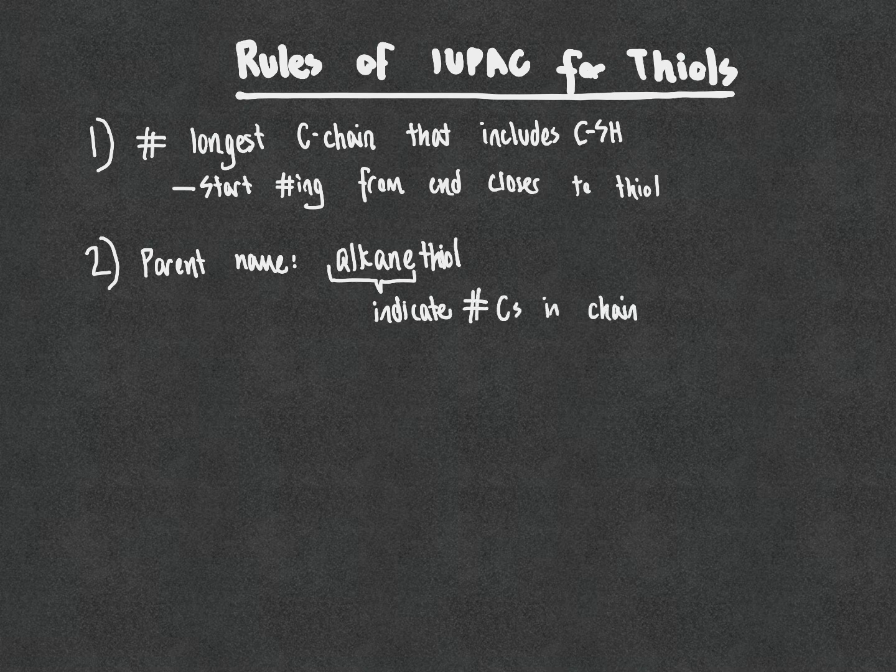And we'll use the same jargon there that we have in previous IUPAC nomenclature: methane, ethane, propane, butane, pentane, hexane, heptane, etc. And when we write down that parent name, we also need to designate the location of the SH group. So we'll include a number to specify which carbon of that chain has the thiol group bonded to it.